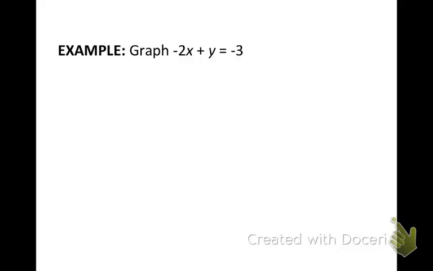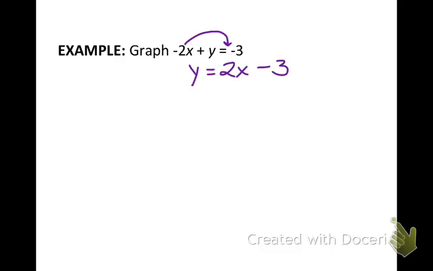Good. Yeah, and the way that I do it, I just kind of draw an arrow to say that I'm moving it over. When I move it over, it changes signs. So my negative 2x becomes a positive 2x, and then it becomes a minus 3.